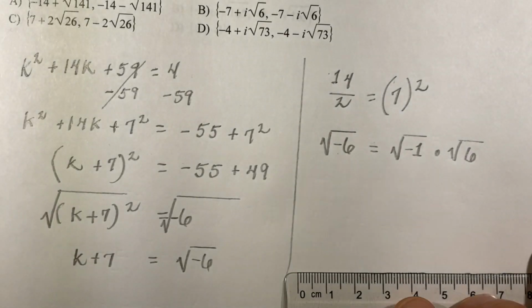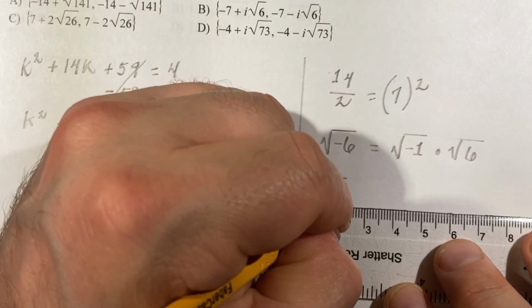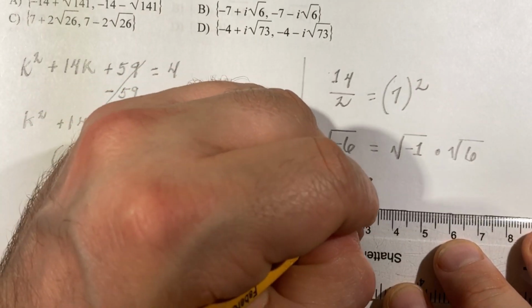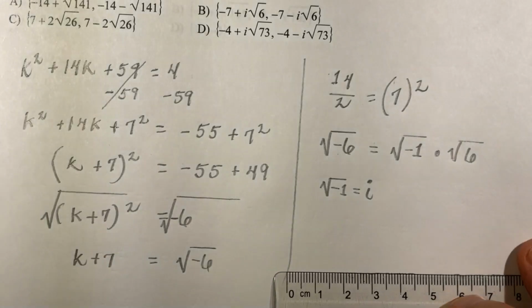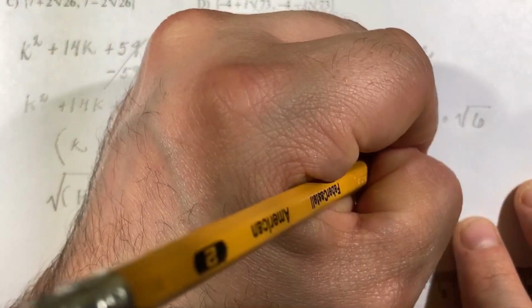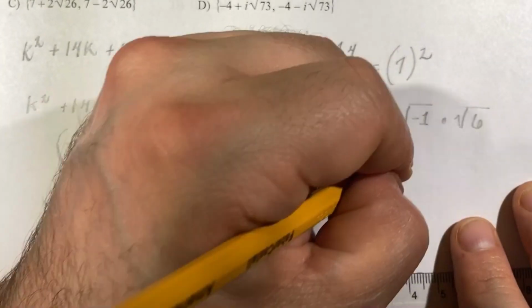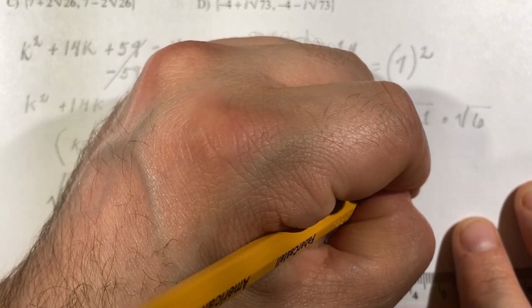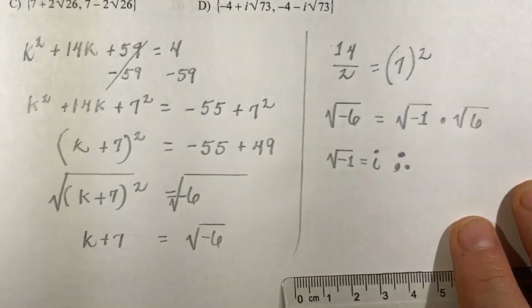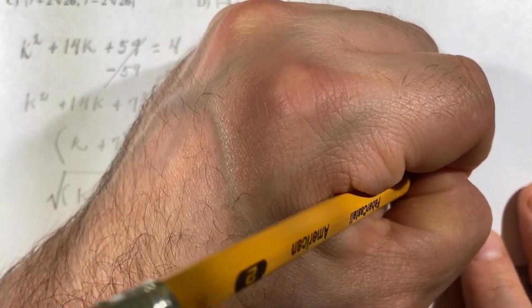And remember that the square root of negative 1 equals the imaginary number i. Okay, so we can just substitute in here. Therefore, we have i square root 6.